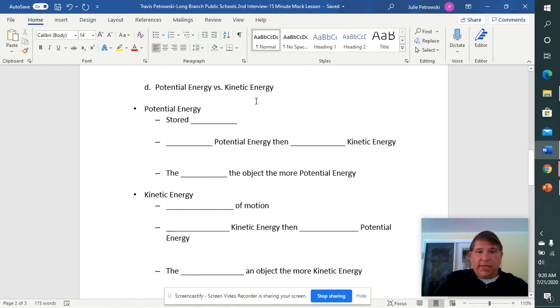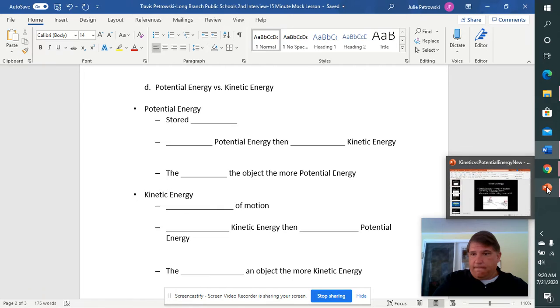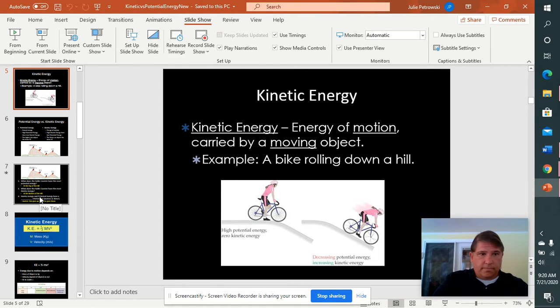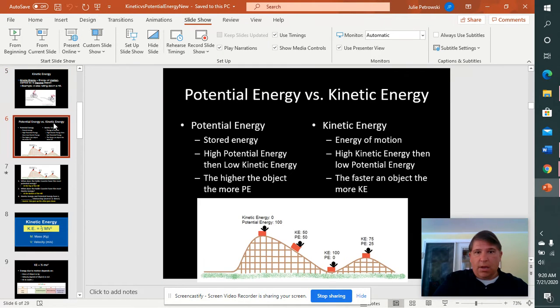So, potential energy versus kinetic energy. Potential energy is stored energy. It's Bob at the top of the hill. It has high potential energy and low kinetic energy.